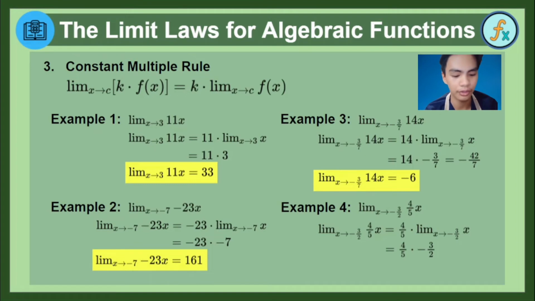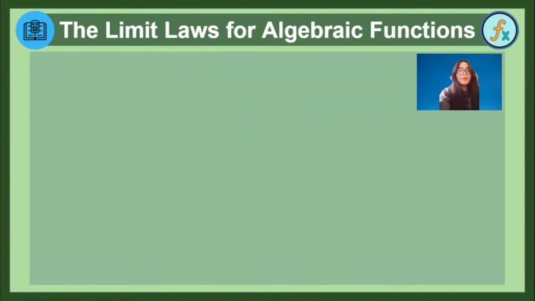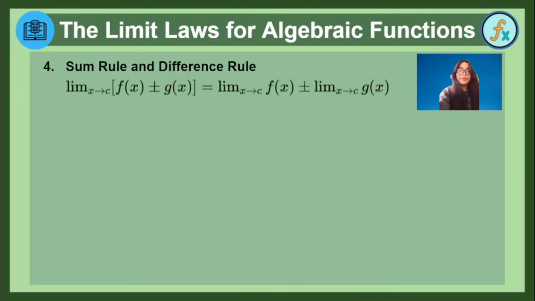Hence, 4 over 5 times negative 3 over 2 is negative 12 over 10. 12 and 10 have the common factor of 2, so the final answer is negative 6 over 5. That would be all for the third limit law. So the fourth limit law is the sum rule and difference rule.